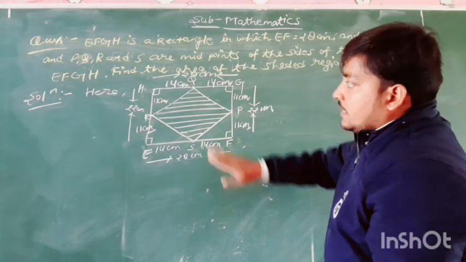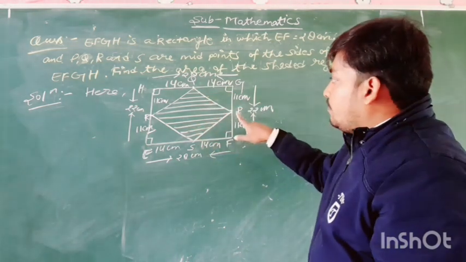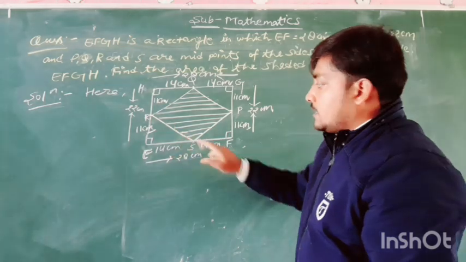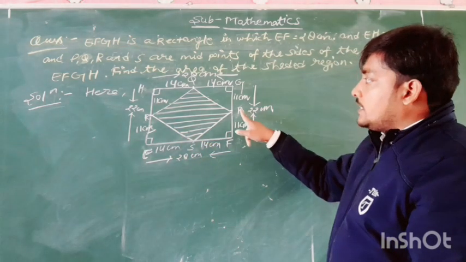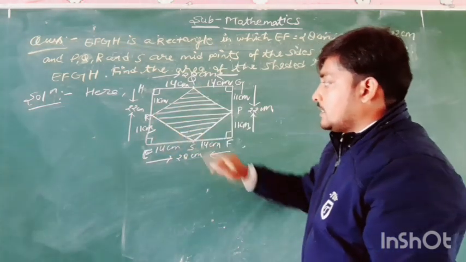So we have to find the area of the shaded region PQRS, which is covered by line segments PQRS.